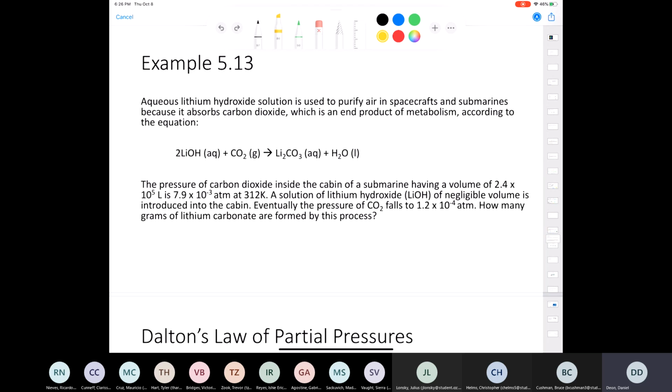Well, we can see that we're going to have a change in pressure. And we need to figure out how many grams of lithium carbonate are going to be formed. But in order for us to figure that out, we need to know how much lithium hydroxide is consumed.